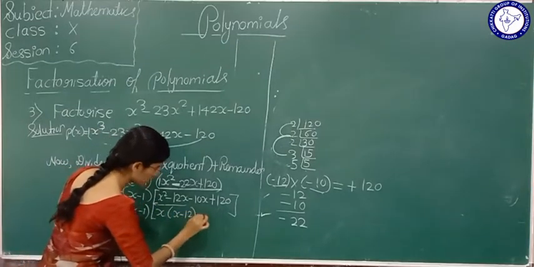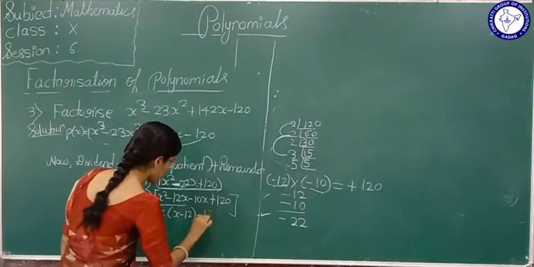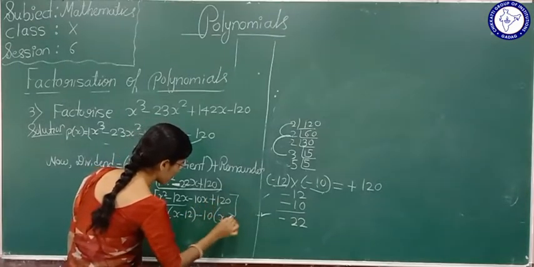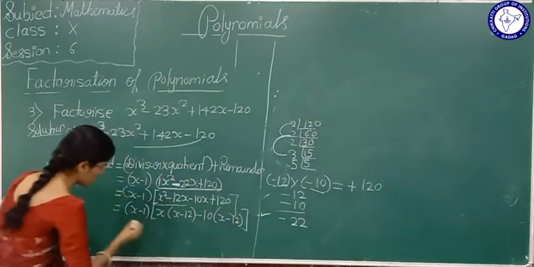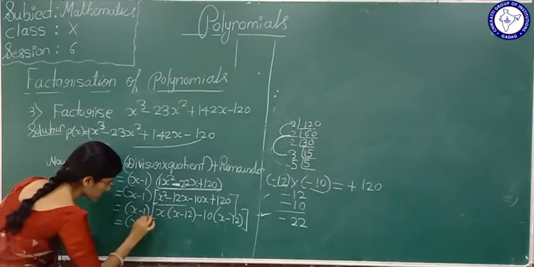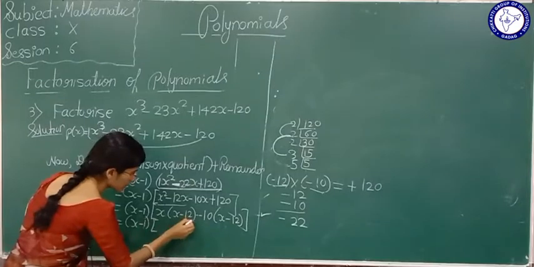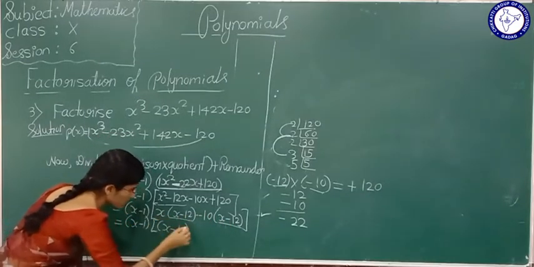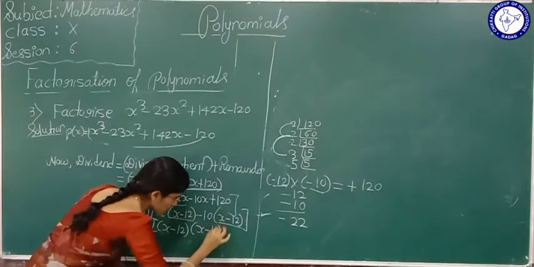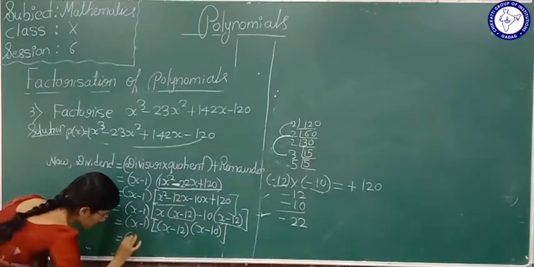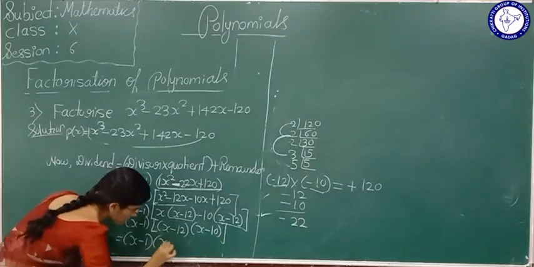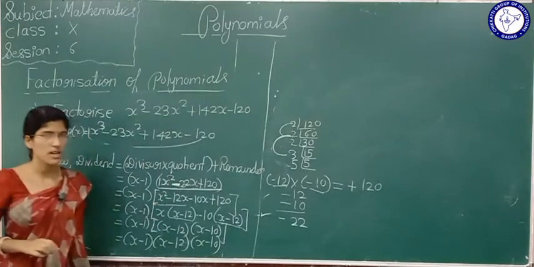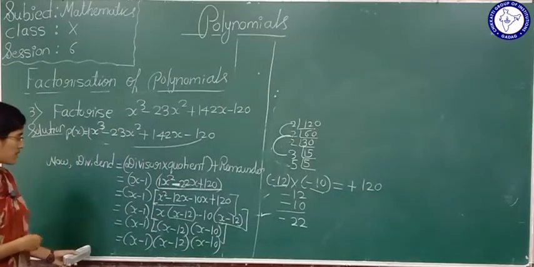And here 10 is common, x minus 12. So this is equal to x minus 1. Here these brackets are the same, we will take it outside. x minus 12. What is remaining? x minus 10. So therefore, what are the factors? x minus 1, x minus 12, x minus 10. So these are the factors.